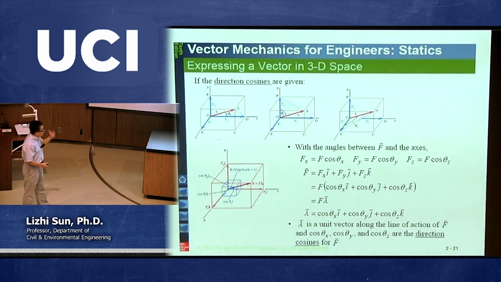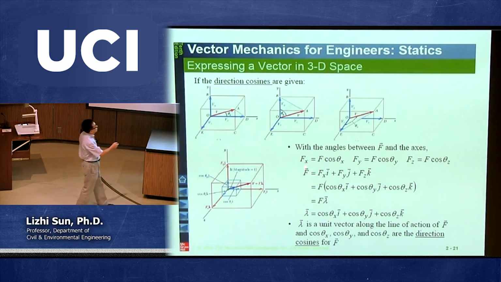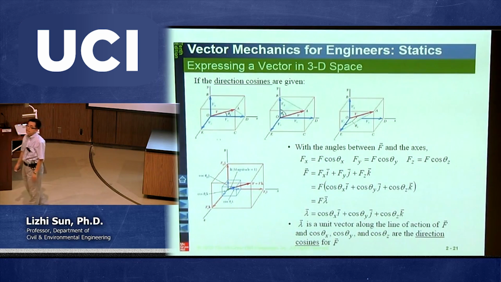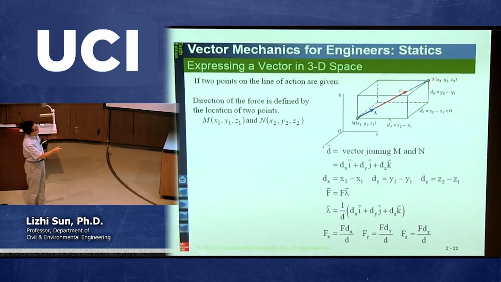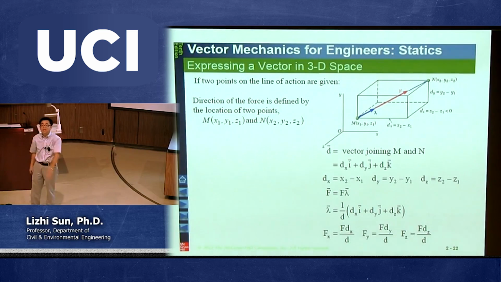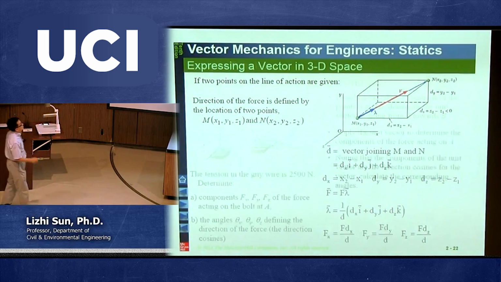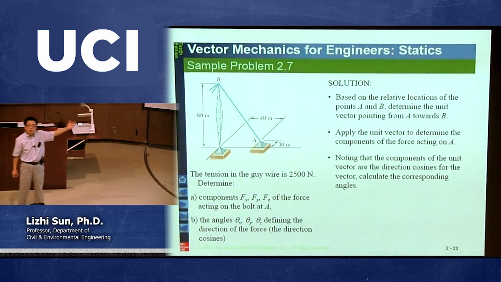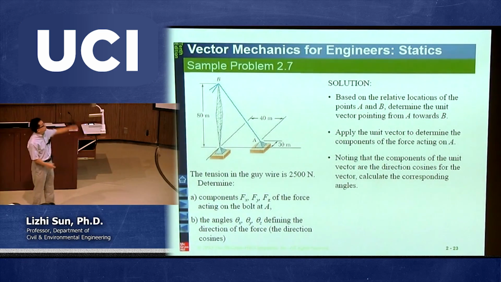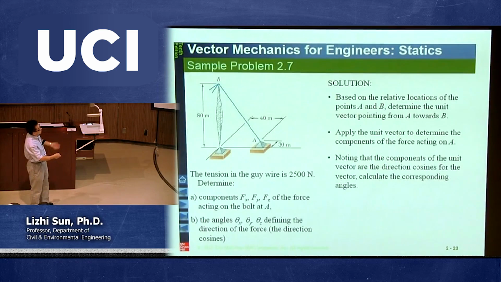But in order to calculate the three components of the force, do not seek help from that equation, because normally we do not give you theta x, theta y, theta z. Instead, all you need to do is find two points on that force line direction. Okay, so that is the simple theory in three-dimensional force calculation. Then what I'm going to do is show you some examples, just using these equations to calculate.